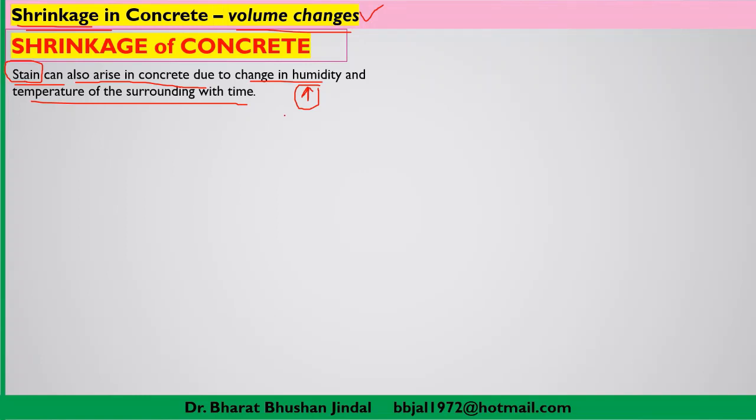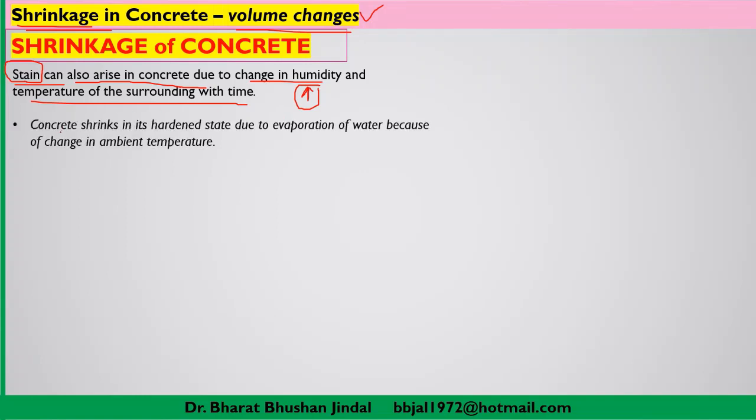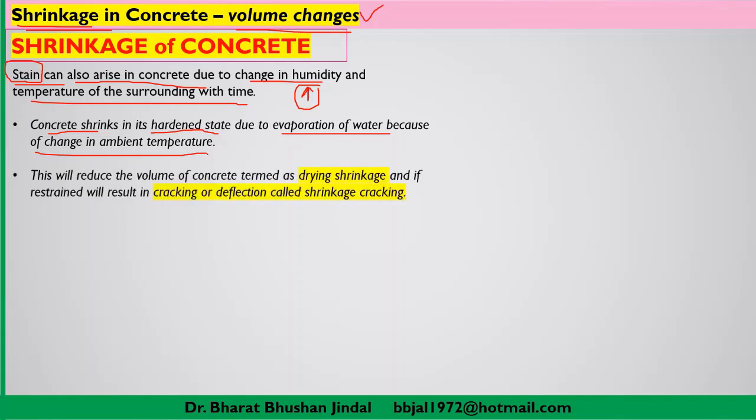Now concrete shrinks in its hardened state due to evaporation of water, maybe because of change in ambient temperature. So what will happen? This will reduce the volume of concrete. When water is evaporated, the volume of concrete will reduce, and due to that some drying shrinkage will take place.